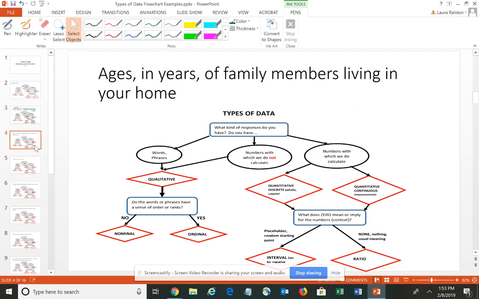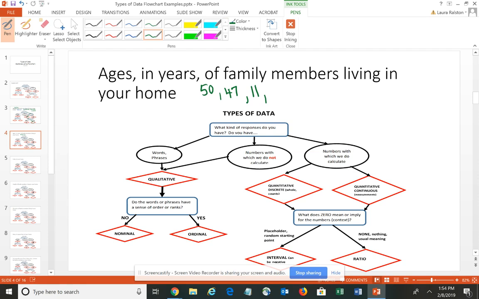All right, the next one. The ages in years of family members living in your home. So again, you want to think about it. If I were to walk up to you and say, how old are the people who live in your home? You may say things like 50, 47, 11.